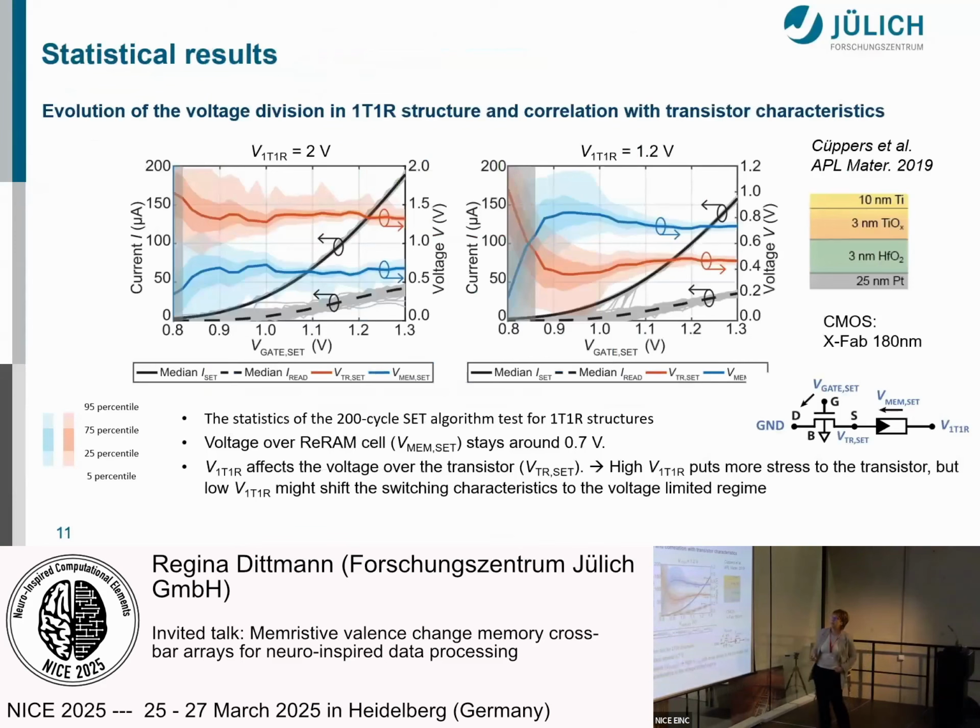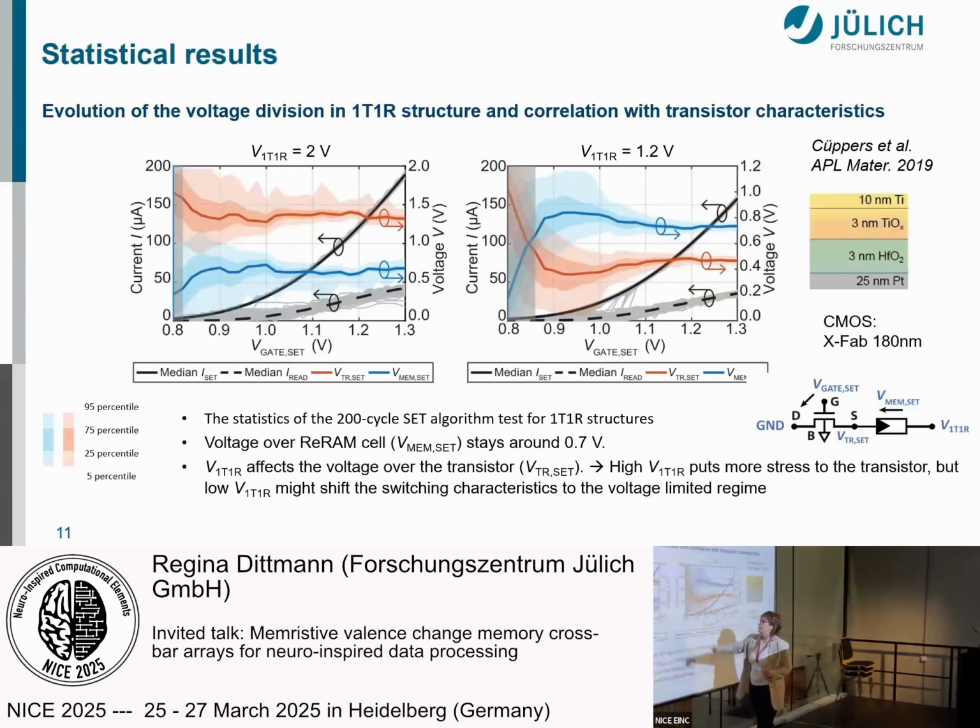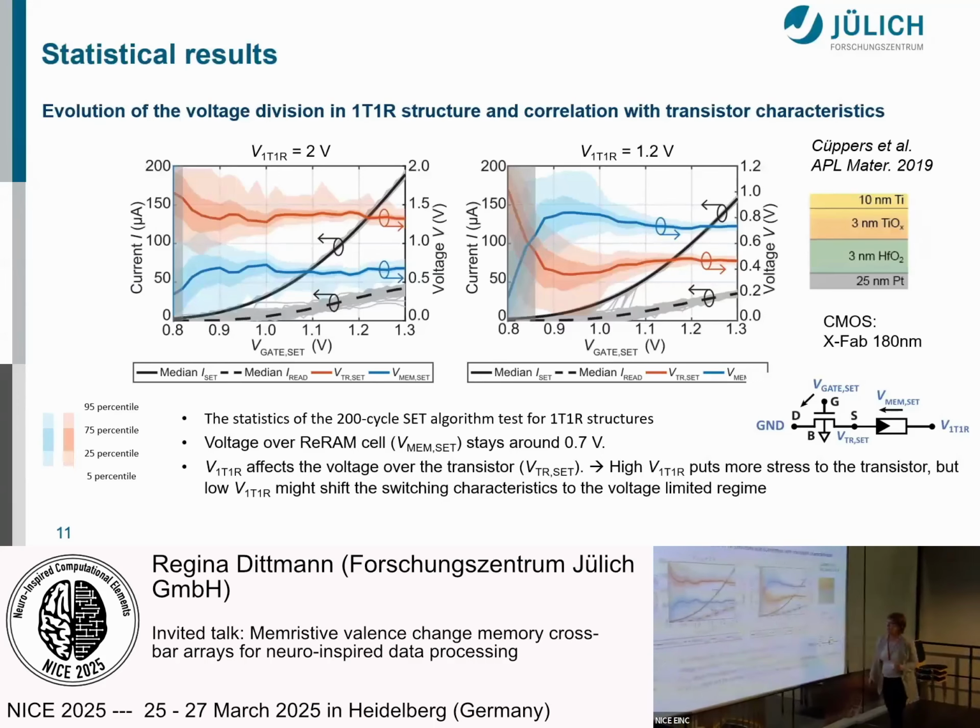Now have a look at how the voltage evolves during the programming with different conditions and different transistors while we increase the gate voltage. What you can see here, for two different applied voltage pulses in this algorithm, is the increase of the read current and the increase of the current during the writing with the gate voltage.